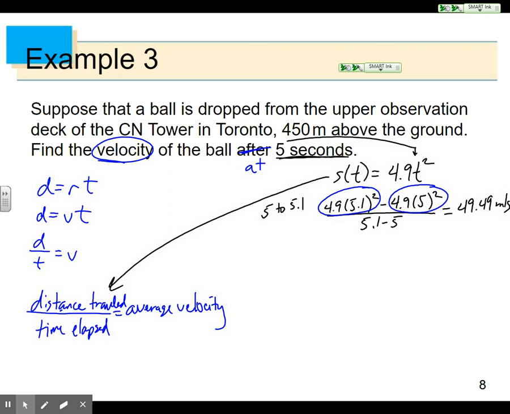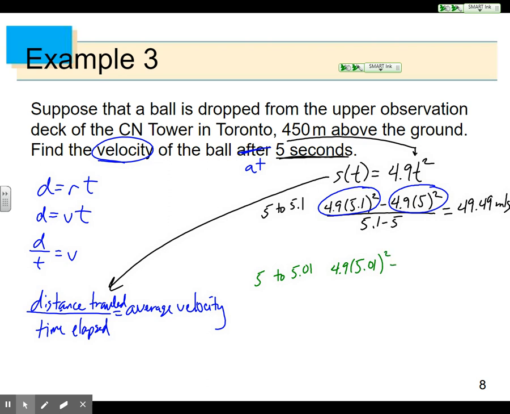Well, I think I can do a little bit better than that. I can do 5 to maybe 5.01. That would be an even shorter amount of time, and it would better mimic how fast that ball is moving right at 5 seconds. So using the same idea, I'm going to plug in 5.01 for its position.